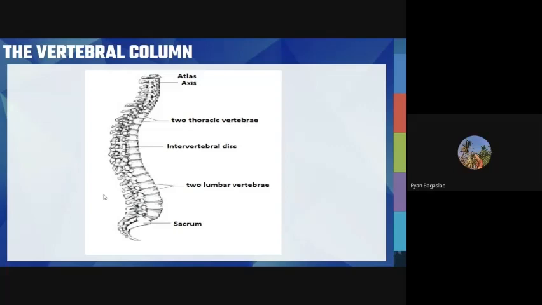As you can see, it is located somewhere in the middle, and the same goes along the column. Then there are also the lumbar vertebrae, and lastly one of the fused bones, which is the sacrum. And that's all.